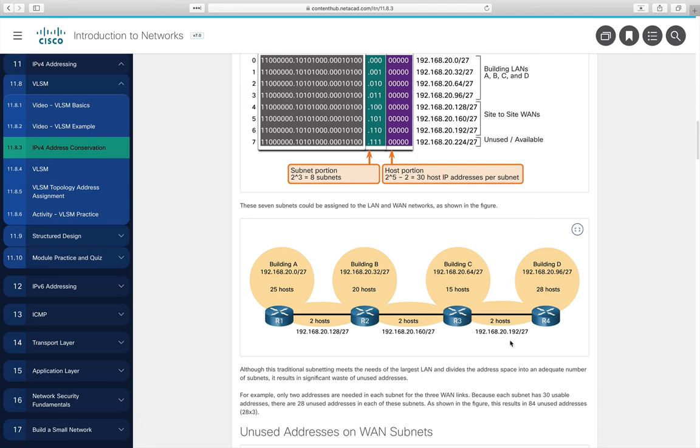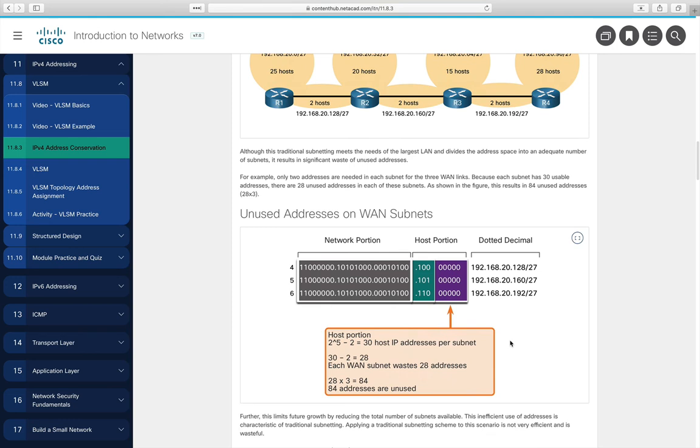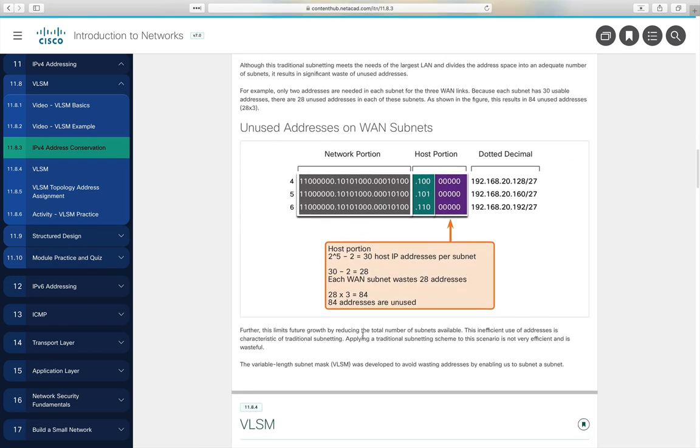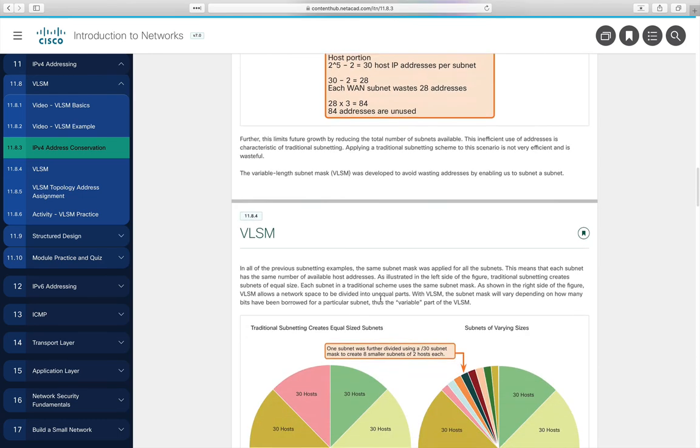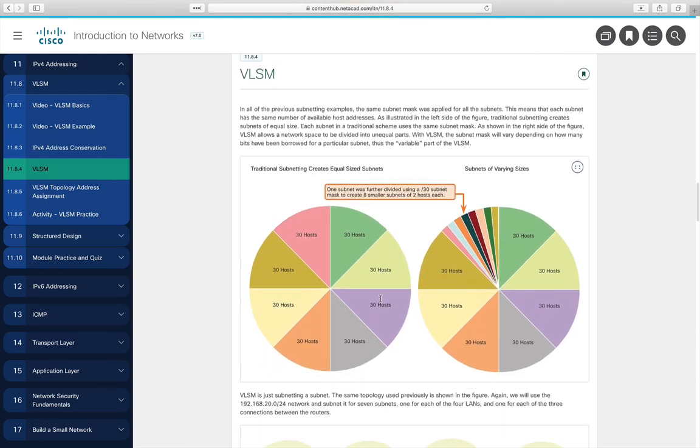So this is showing us just what I said, how many is wasted. So again, you should already know from the 2 videos in the chapter that if we want to reduce that waste, then we're going to use variable length subnet mask.